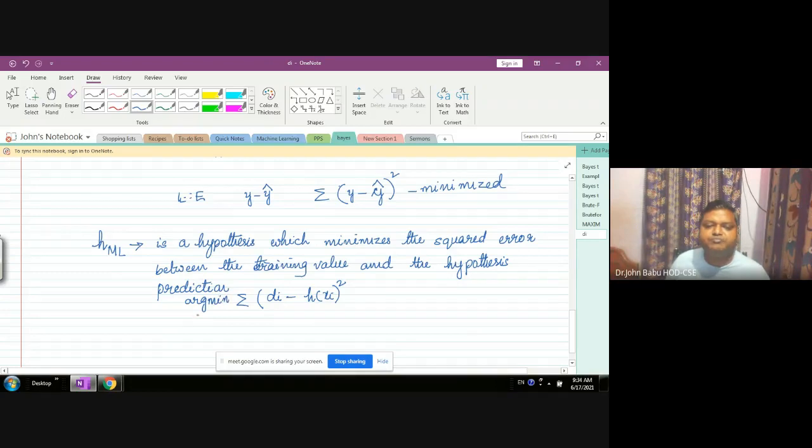When a hypothesis gives the minimum value of it, then we call that the maximum likelihood hypothesis, which gives the minimum error.